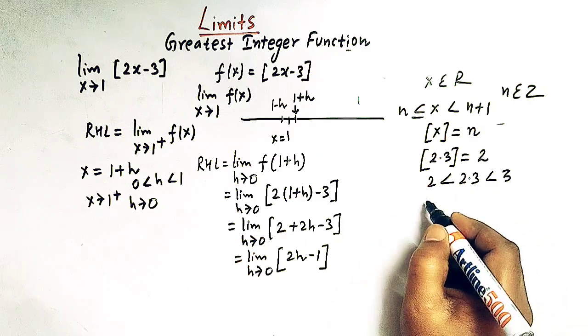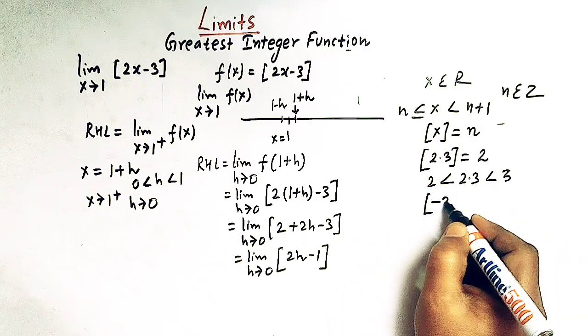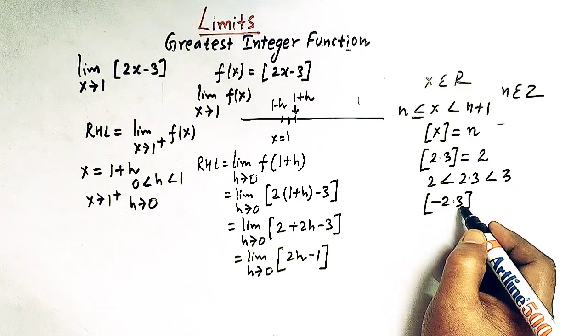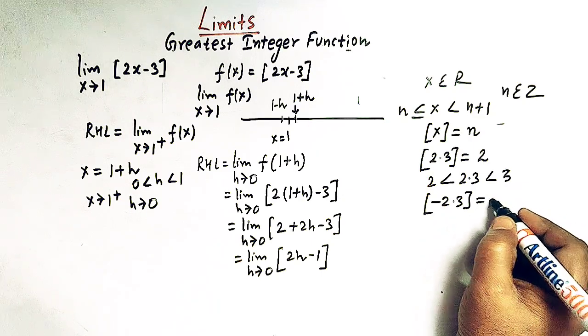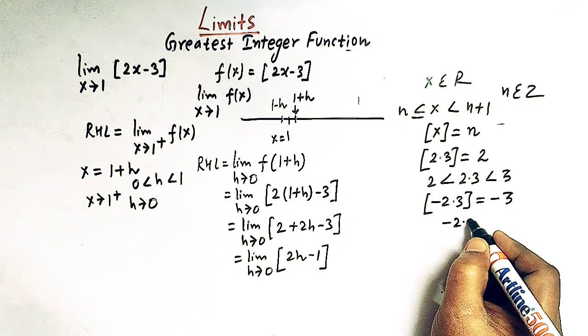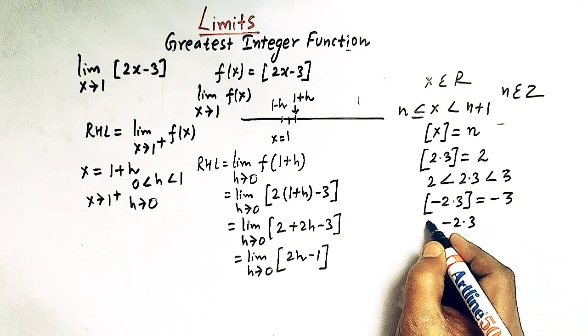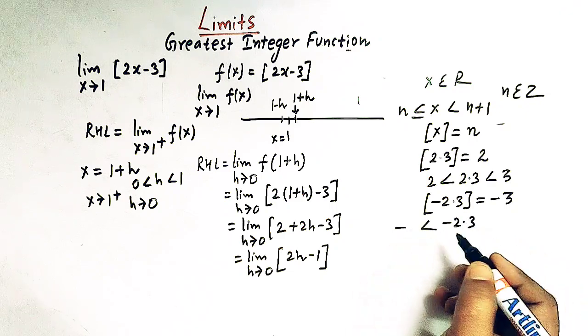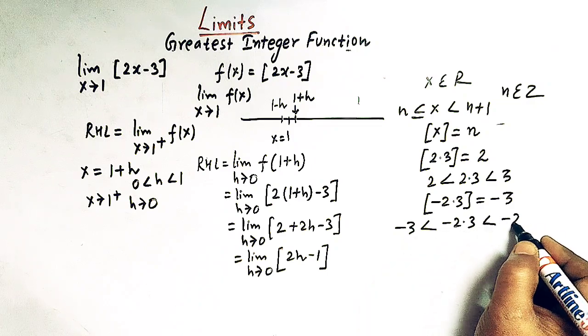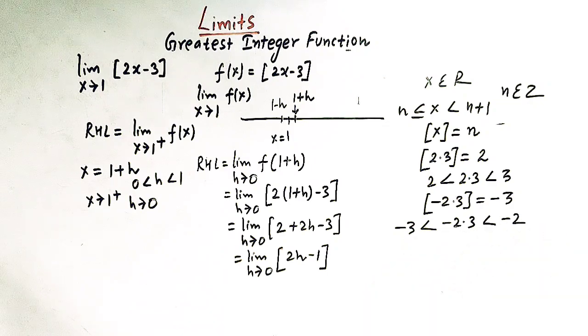And similarly, the greatest integer of minus 2.3 is equal to minus 3, because minus 2.3 is greater than minus 3 but less than minus 2.